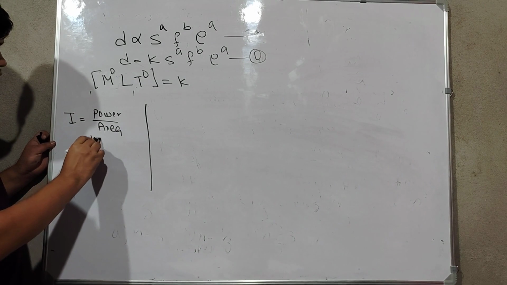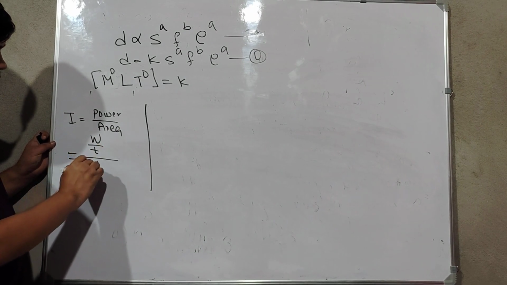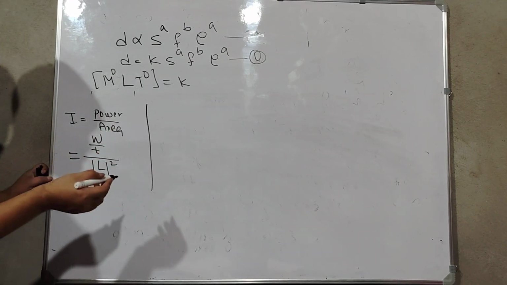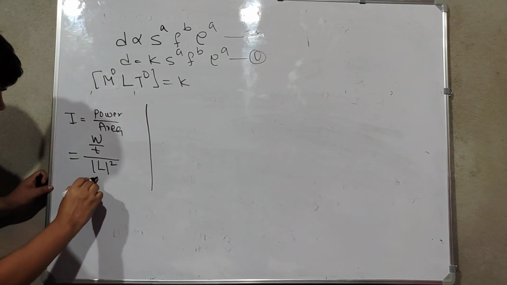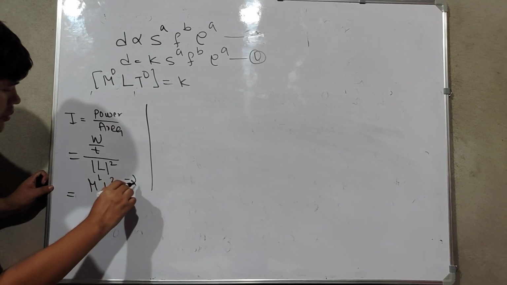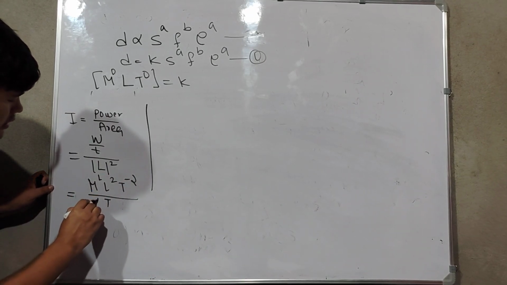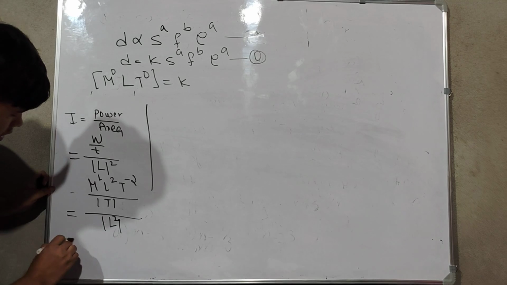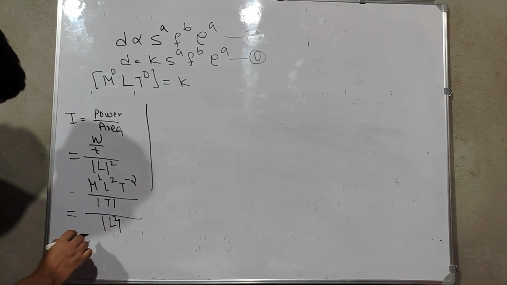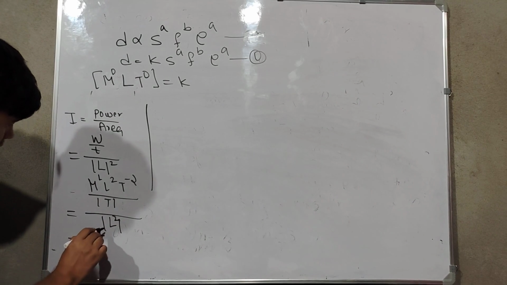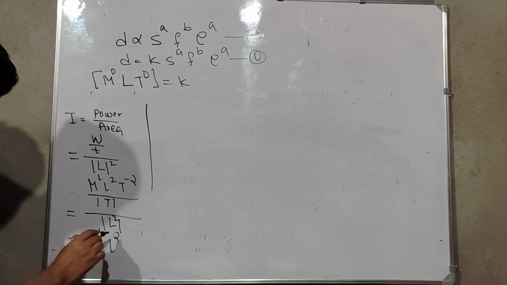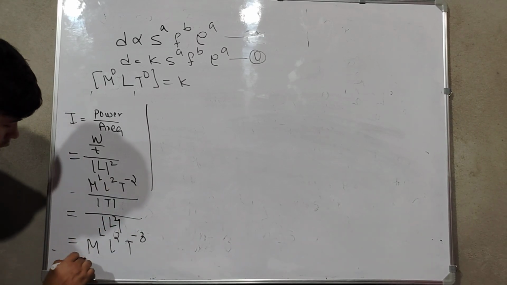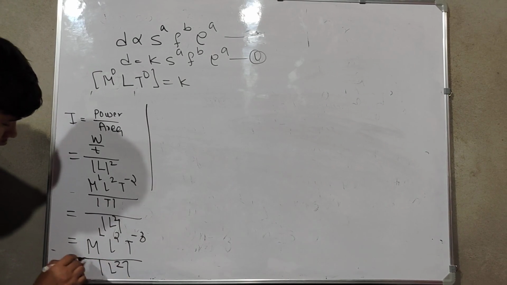Okay, so S means intensity, which means power by area. Intensity is given by power by area. Power means work done by time, and area is length squared, length into breadth, right? Work is energy. Work and energy have the same dimensions: M1 L2 T to the power minus 2, and then we have this one T. Next we have L squared. So T will go up, so it will have M1 L2 T to the power minus 3, and then here L squared.